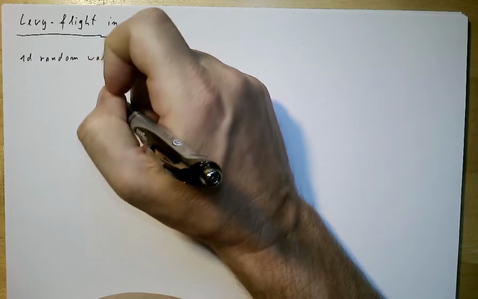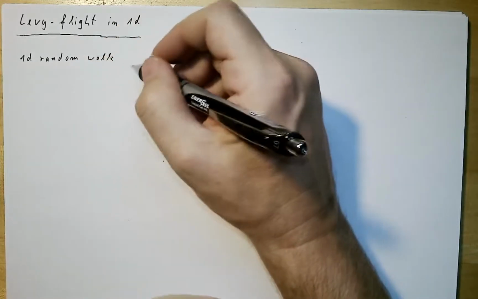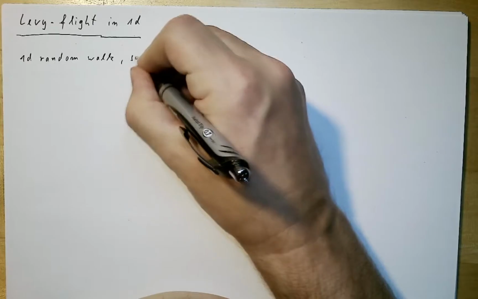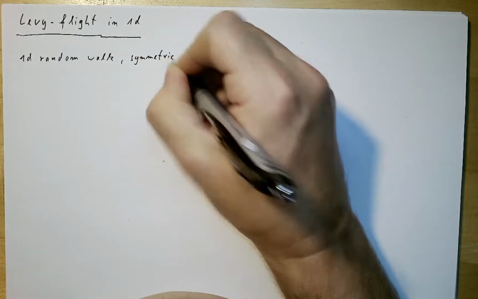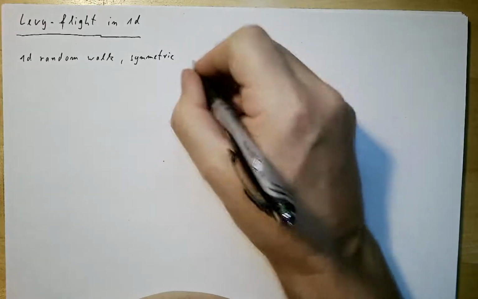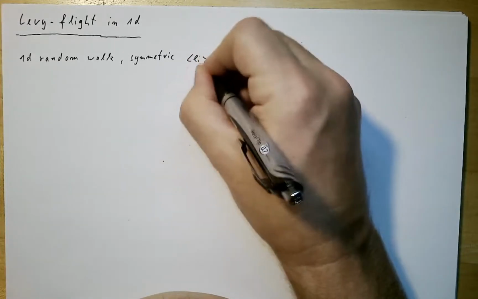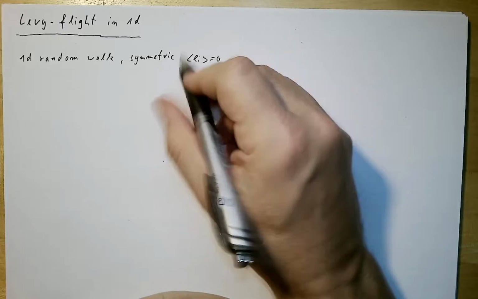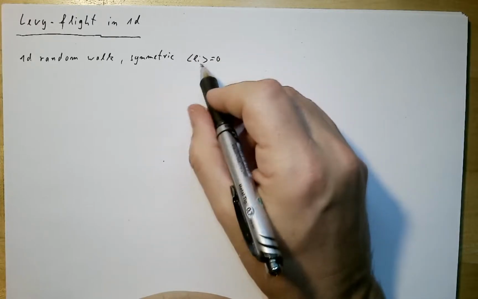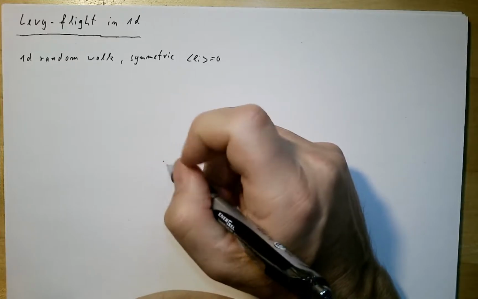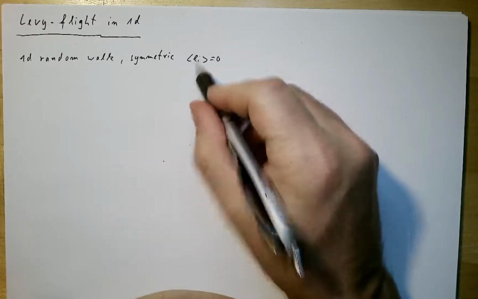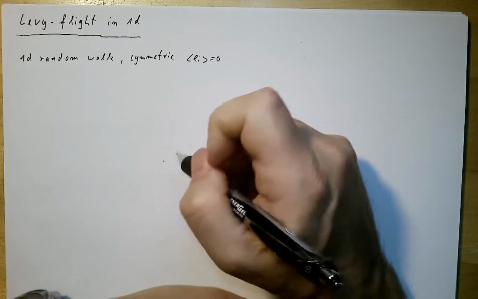And so we have a symmetric one, so we don't want to have a bias, so basically the expectation of the increments is 0. But we want the second moment to diverge.